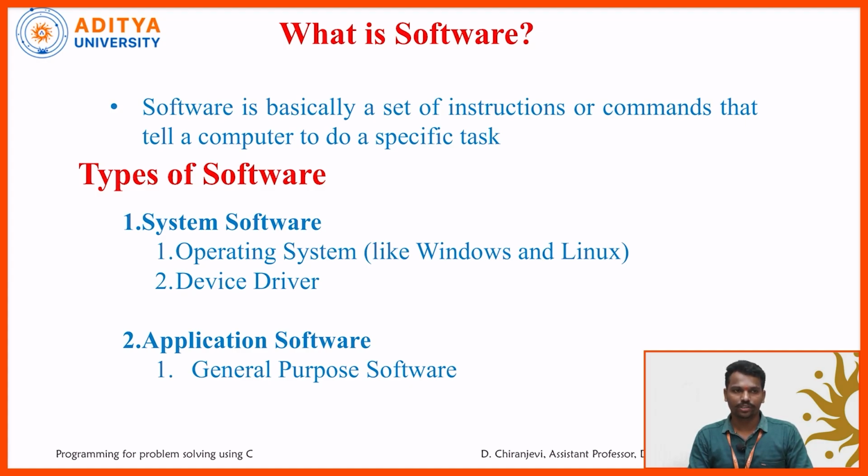The software which runs the system is known as system software, and the most important software is also known as system software. An example is the operating system, like Windows, Linux, Mac, iOS, CentOS. Device drivers are also system software, for example audio driver, Bluetooth, network and Wi-Fi drivers.